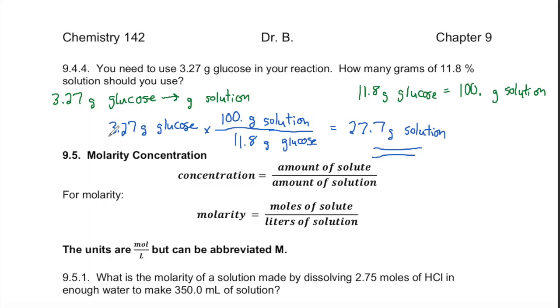So you would have a number that's way less than 3 grams. And it's really impossible to have 3.27 grams of glucose dissolved in less than 3 grams of the mixture. So we needed to come out with a number that was bigger than 3 grams. So if you come out with a number that's way off from what you expect, then you might want to take another look at the conversion factor.